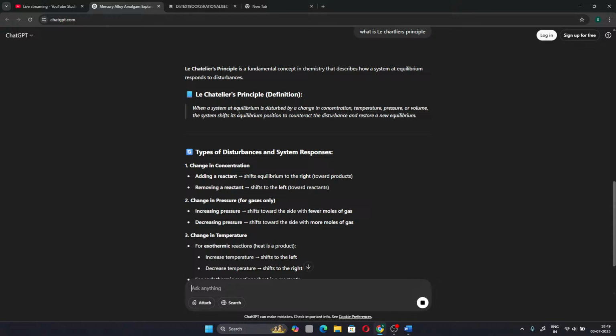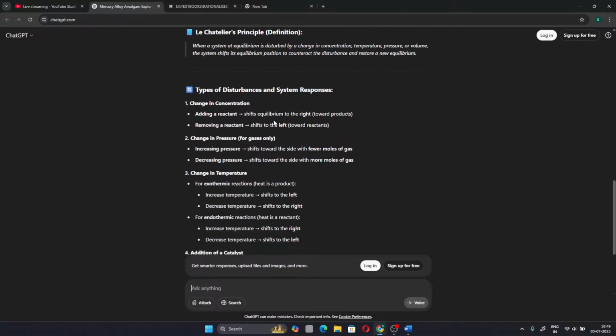Its definition: when a system at equilibrium is disturbed by a change in concentration, temperature, pressure, or volume, the system shifts its equilibrium position to counteract the disturbance and restore a new equilibrium.